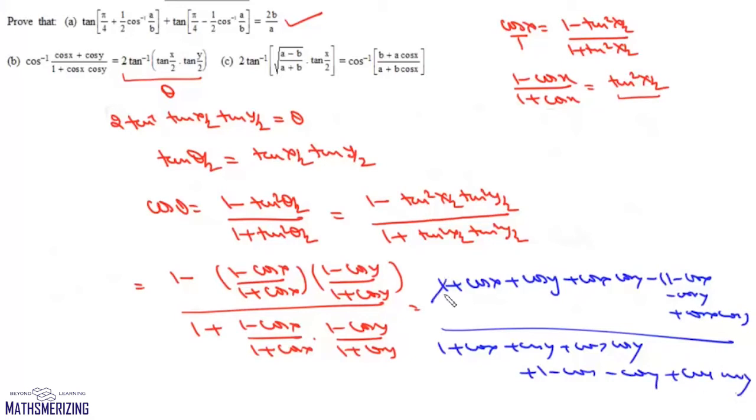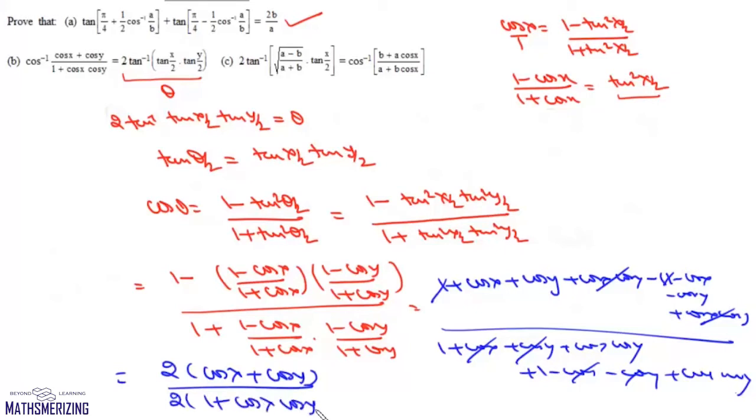Now here 1 will cancel and cos x cos y will cancel, and here cos x plus cos y will cancel. So we'll get this as 2 times (cos x plus cos y) upon 2 times (1 plus cos x into cos y).